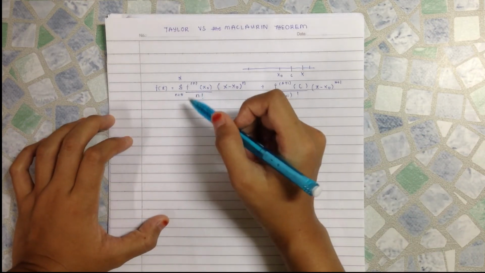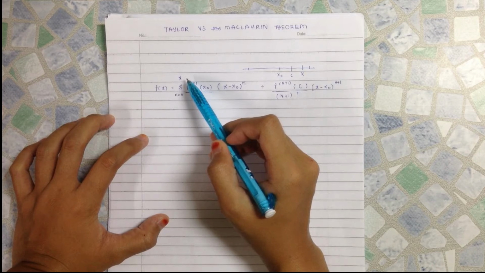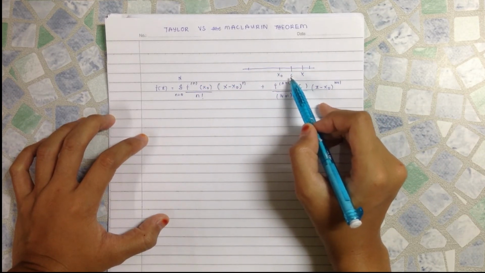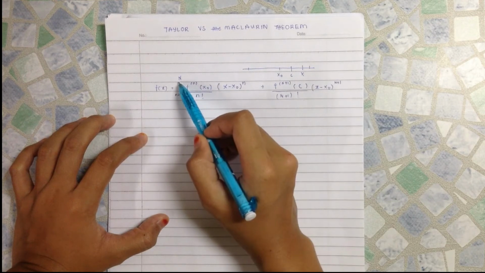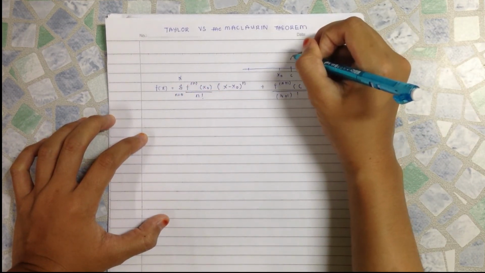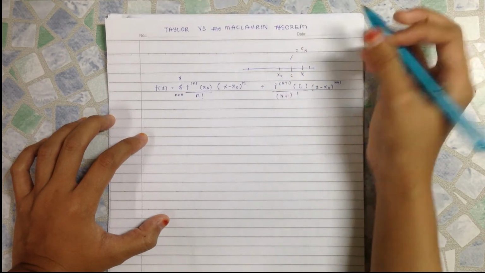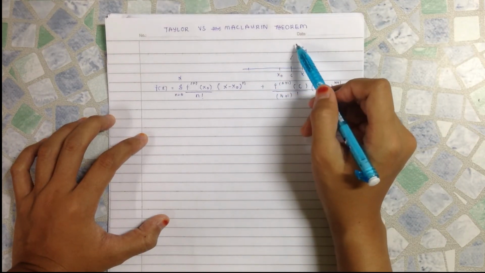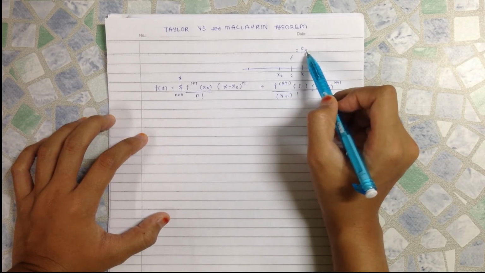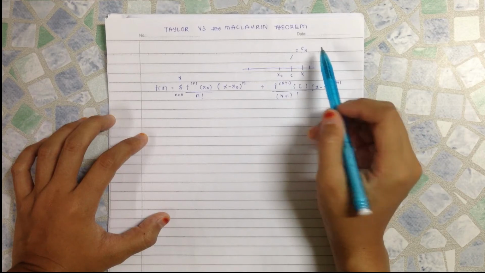And of course, if we take different values of n, it will take different values of c. So c does depend on n. You can write c subscript n to emphasize that the choice of c depends on the choice of n.